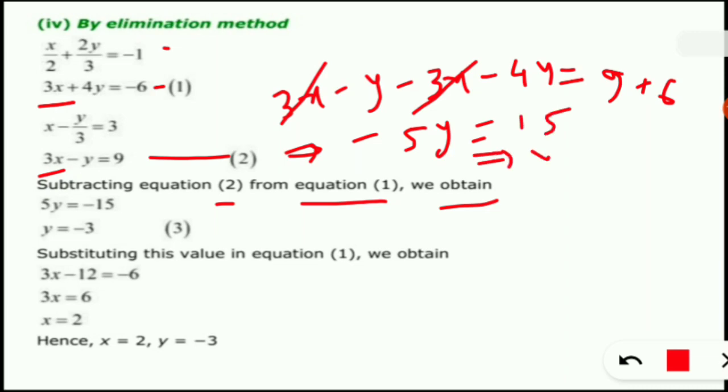So y equals minus 15 divided by 5, which equals minus 3. Clear? So y equals minus 3.